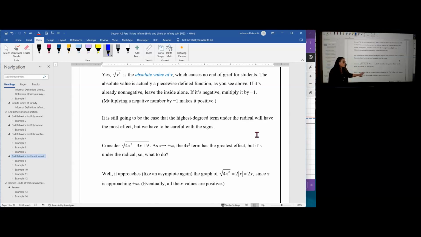It's going to approach, like an asymptote again, the graph of the square root of 4x squared. Now we're assuming that we're moving to the right, so eventually all the x's will be positive. When we take the square root of 4x squared, we get 2 absolute value of x, and because we're approaching positive infinity, the absolute value of x is x, so we get 2x.